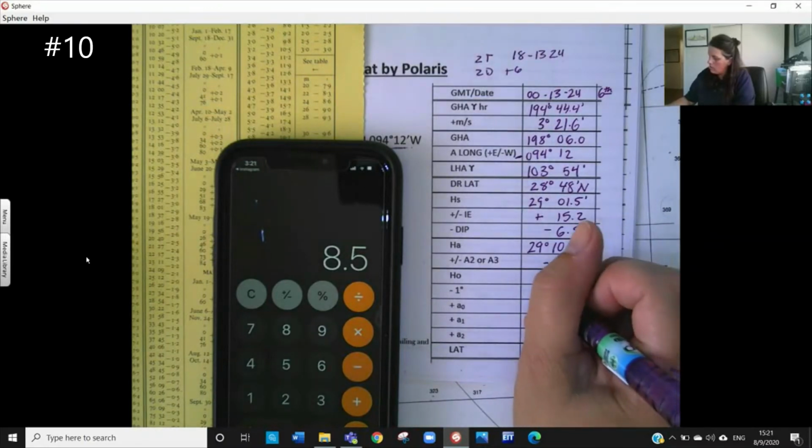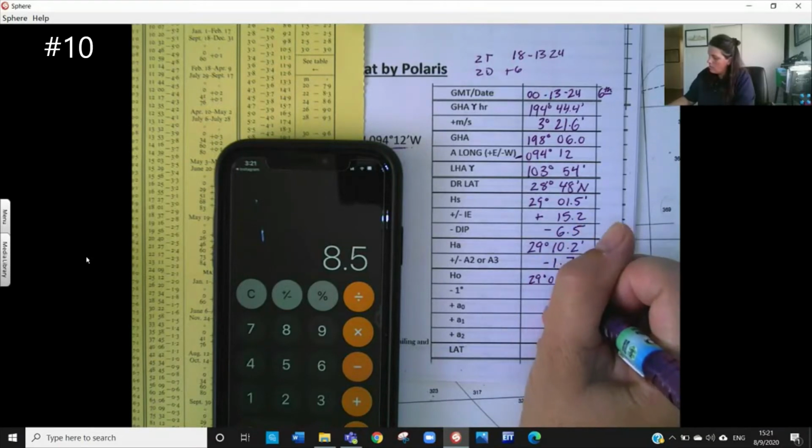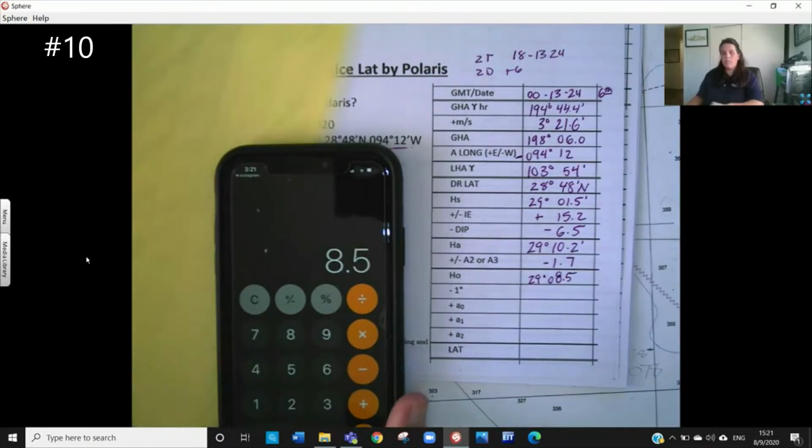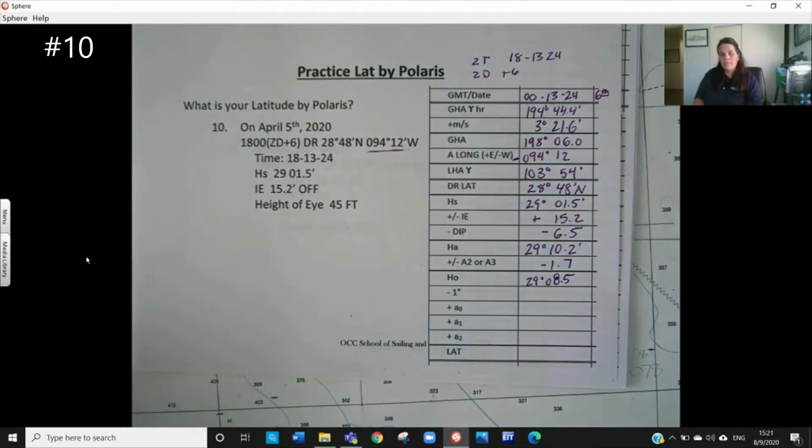Gives me our HO of 29 degrees 08.5. Now I could go to my special latitude by Polaris table in the back of the almanac.